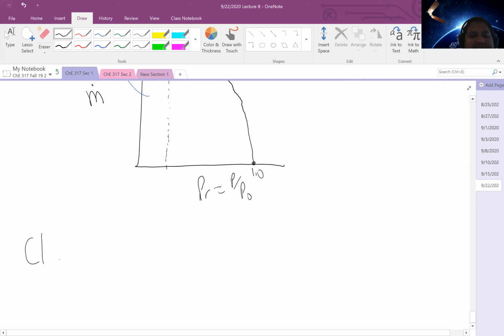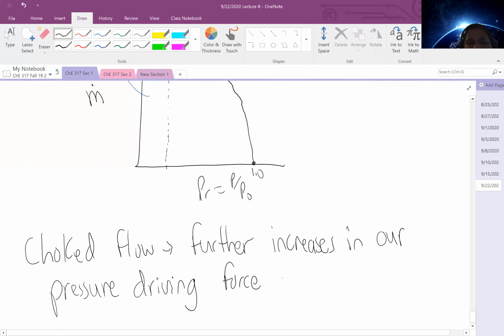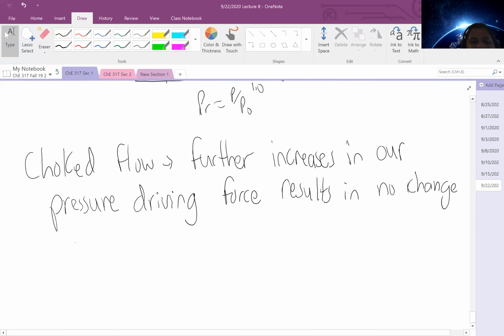And the implications of choked flow basically means that further increases in our pressure driving force result in no change in our mass flow rate.